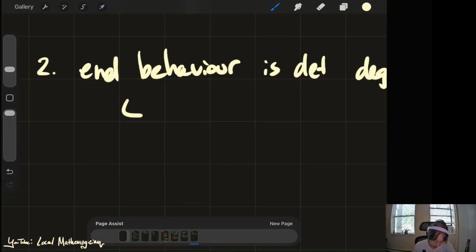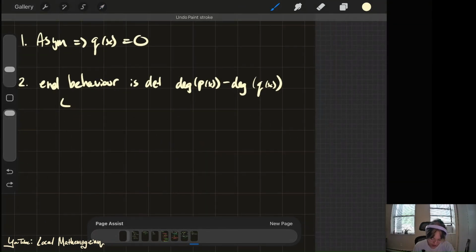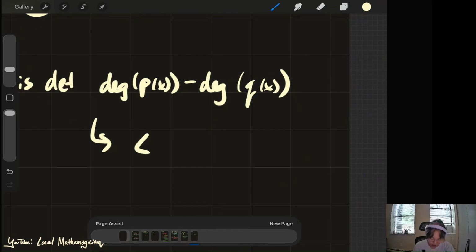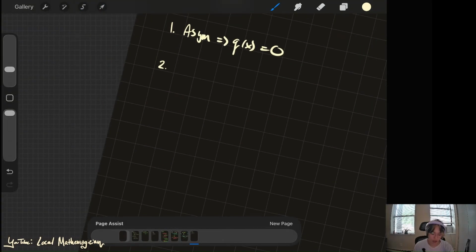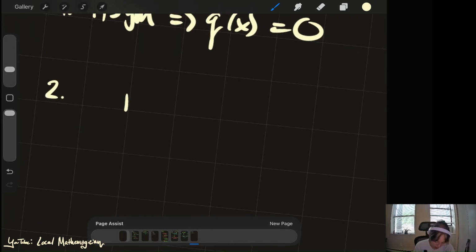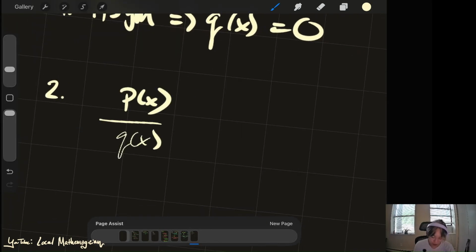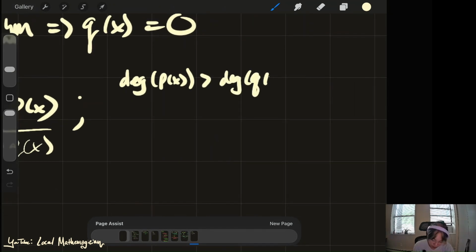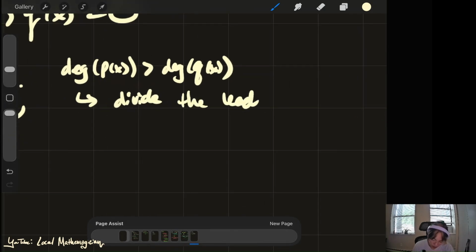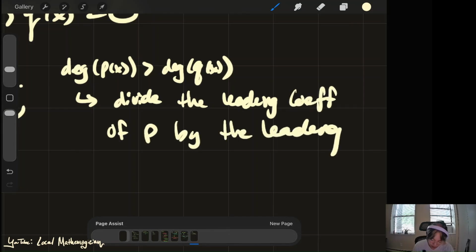Oh, and of course, if the degree of p of x minus the degree of q of x is less than or equal to zero, the end behavior is determined by both the degree of the numerator and denominator. So what you would do is, if you have p of x over q of x, and the degree of p of x is greater than the degree of q of x, then you divide the leading coefficient of p by the leading coefficient of q.